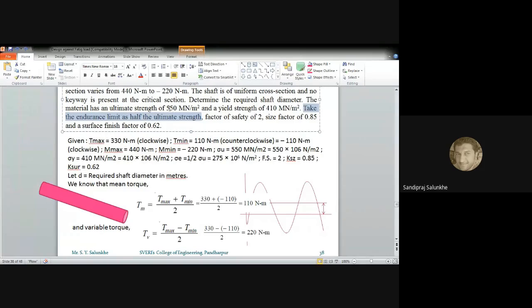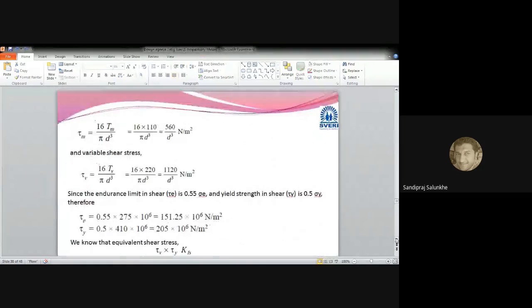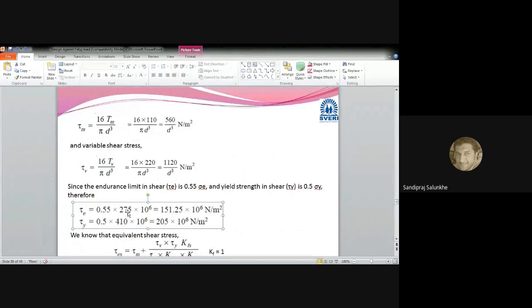Half of that becomes 275 meganewton per meter square, and we have to take its 0.55 value. That is 275 into 10 raised to 6 Newton per meter square, and 0.55 of that. That's why this endurance shear stress will be 151.25 into 10 raised to 6 Newton per meter square.